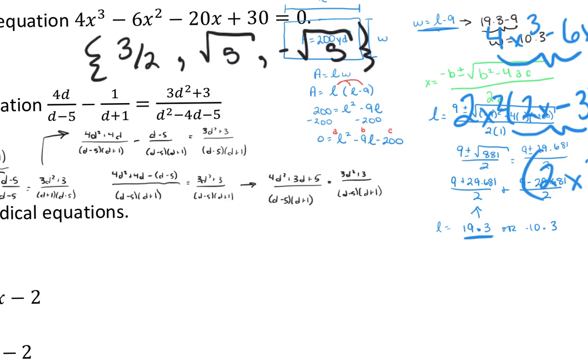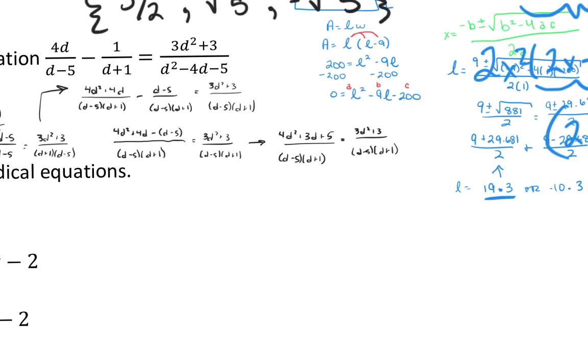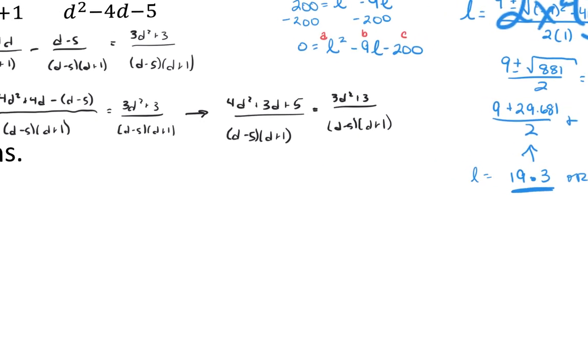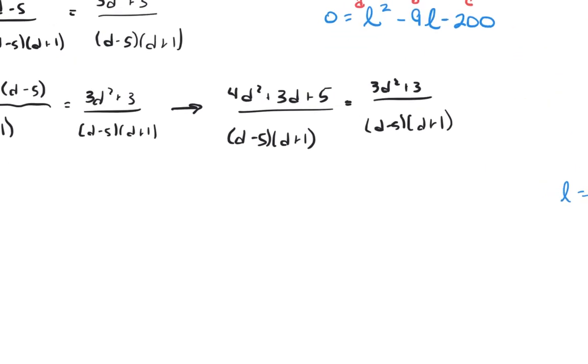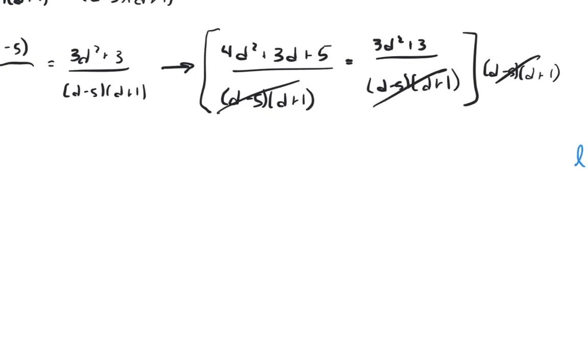Now, if we notice, the denominators on both sides are the same, so go ahead and multiply that through by (d minus 5)(d plus 1). That's going to cancel out, this term is going to go away. So we just have 4d squared plus 3d plus 5 equals 3d squared plus 3.